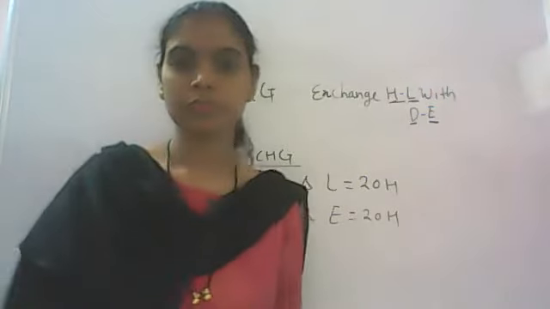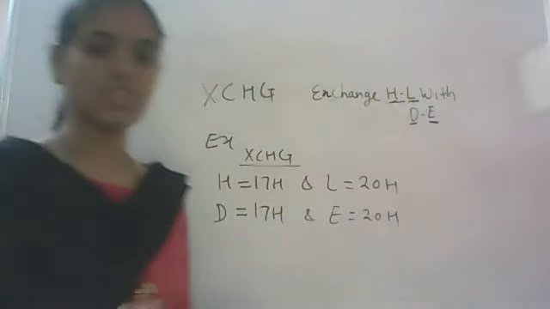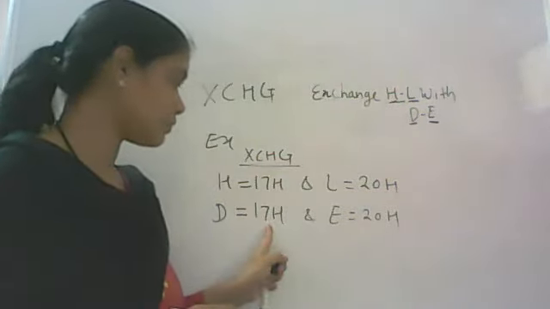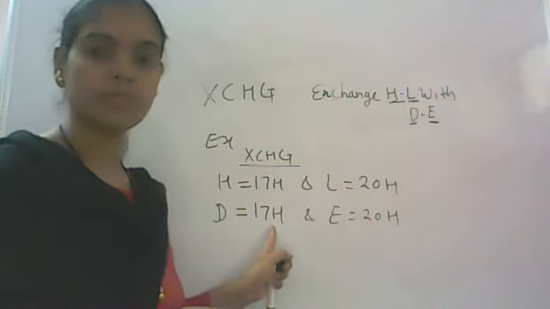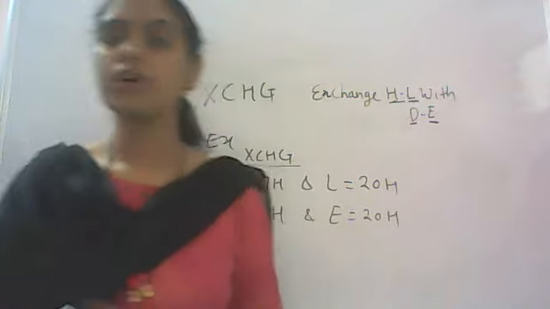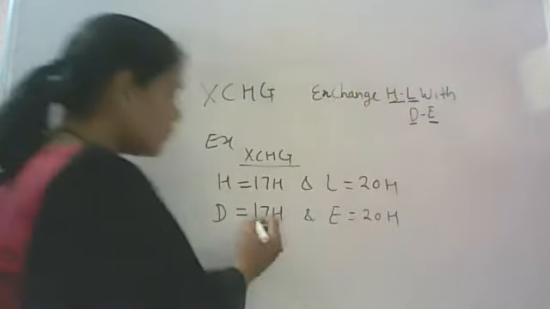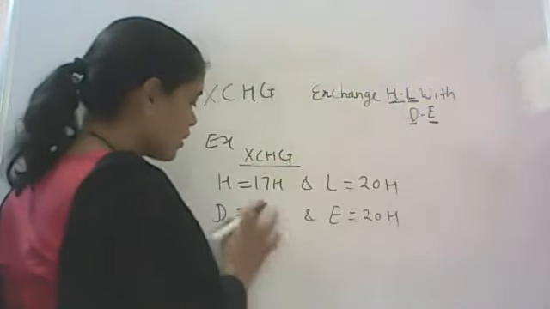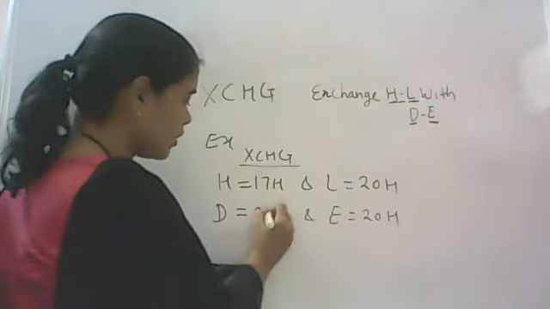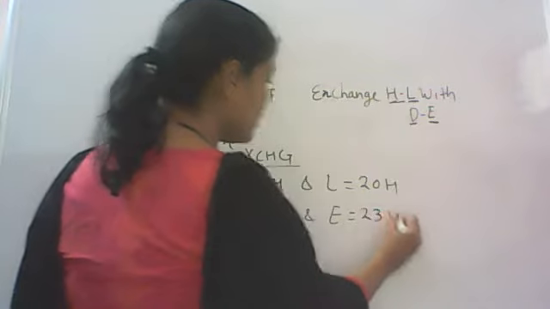After executing this instruction, D equals 17 hex and E contains 20 hex. So H is exchanged with D, and L is exchanged with the content of register E. Before execution, D contains 20 hex and E contains 23 hex.